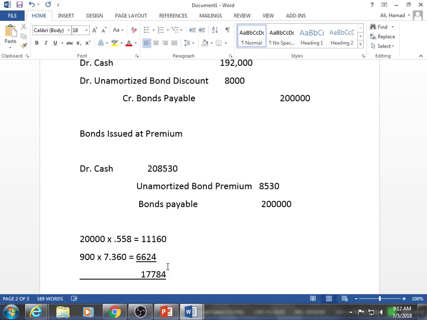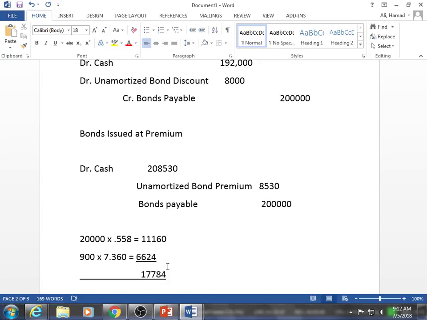So the first interest expense is going to be your carrying value times the market interest rate. That's your expense, not the stated rate. That's why it's called the effective.